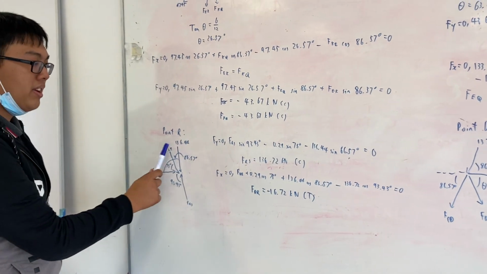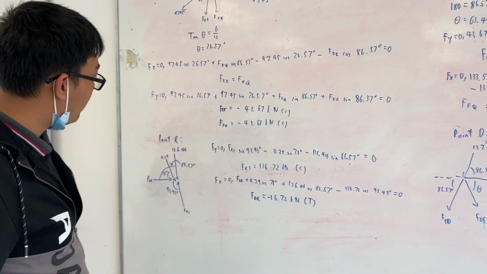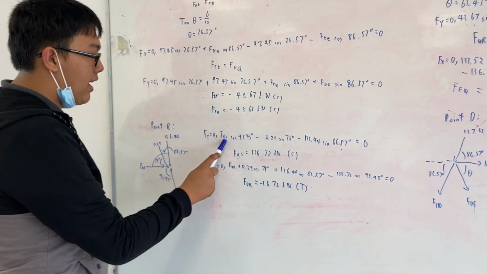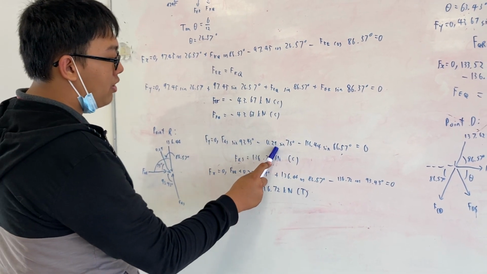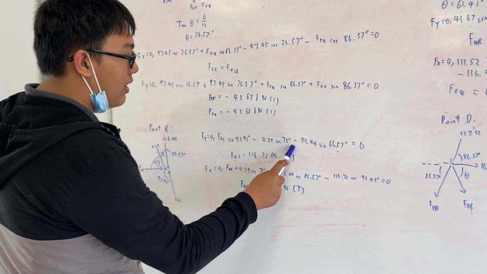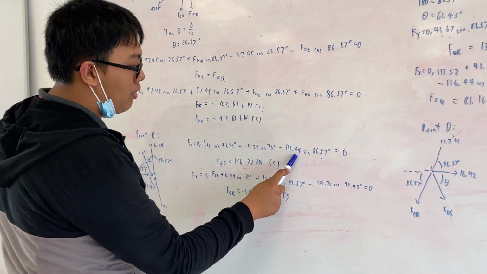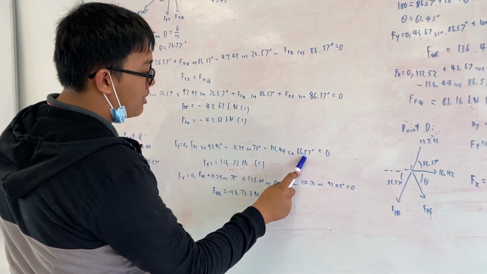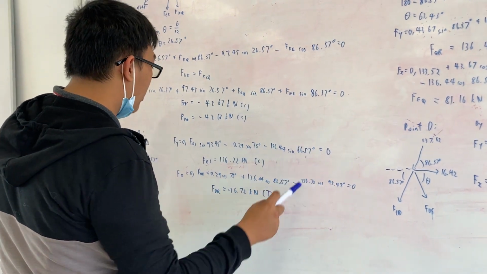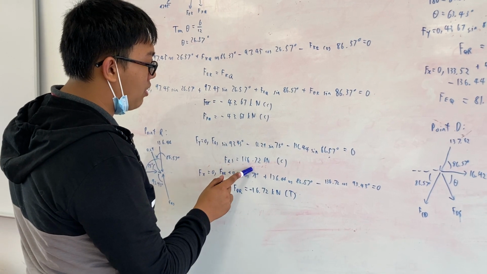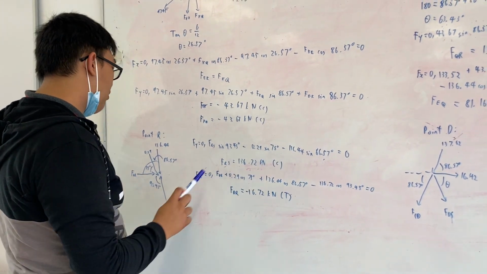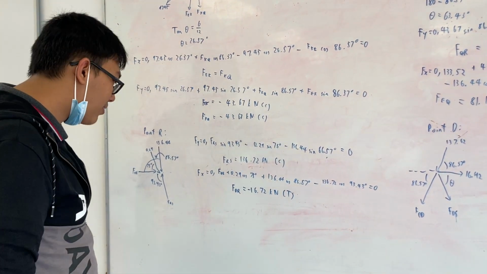After drawing the free body diagram, we will use it to find the Fy, which is FRS sine 93.43 degrees minus 0.29 sine 75 degrees minus 136.44 sine 86.57 degrees equals to 0. And now we can determine that FRS is equal to 136.72 kilonewtons, which is a compressive force.